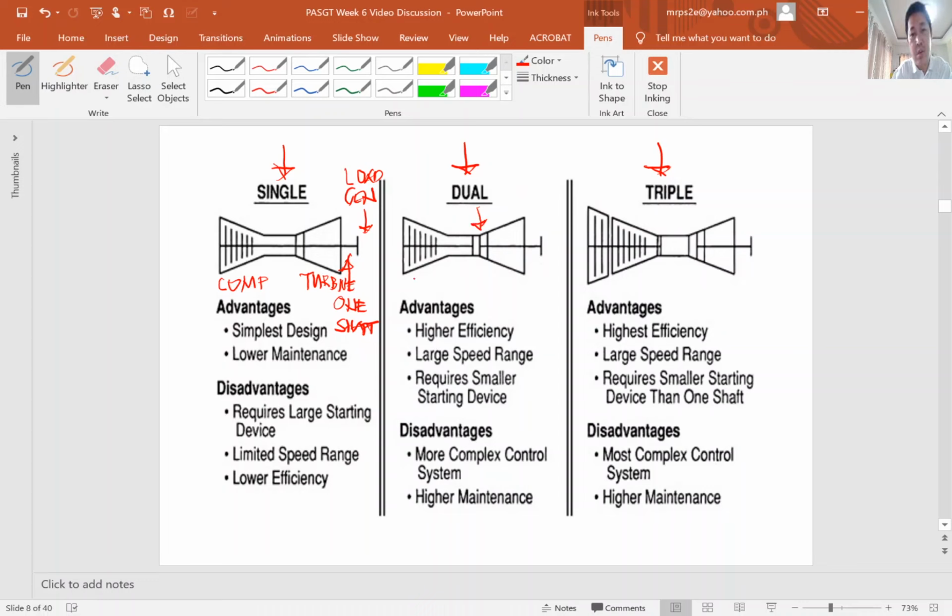So here is the compressor, and here is the power turbine.